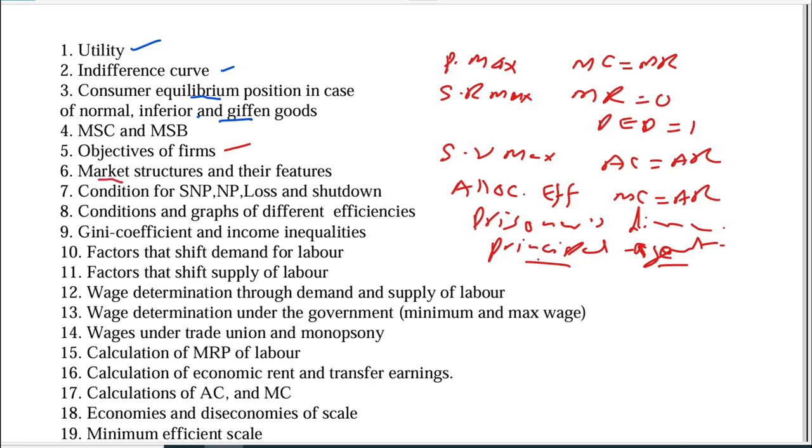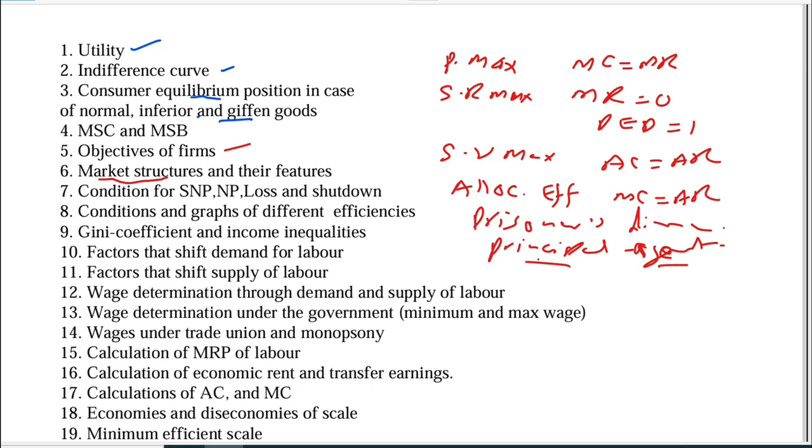You must know features of perfect competition, monopoly and monopolistic competition, as well as oligopoly. And you must also know which one of them is productively efficient, allocatively efficient, and which one is dynamically efficient. Monopolies are generally dynamically efficient, because dynamic efficiency is achieved because of large firms, and they are able to undergo research and development, and they can use better technology, they can afford to buy it.